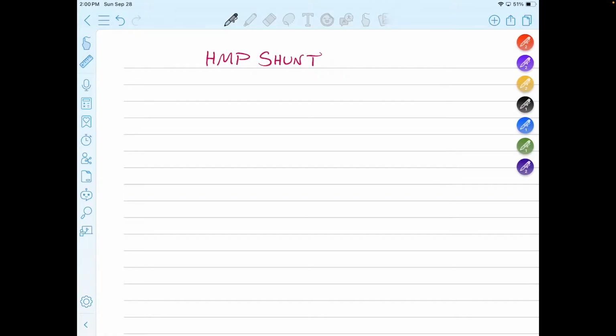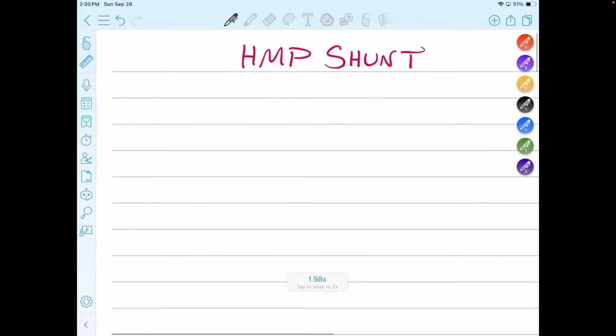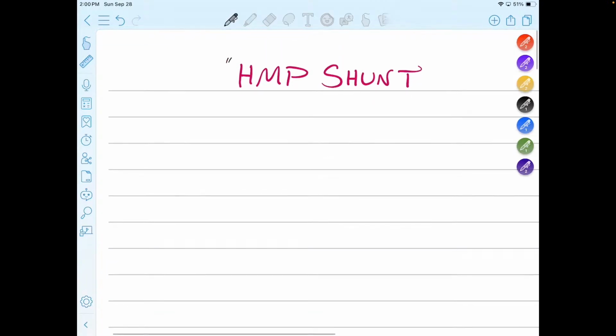You have your fatty acid synthesis, right? If we were to think about the effects of this shunt, then this shunt affects the following. Most importantly, your glutathione reduction.